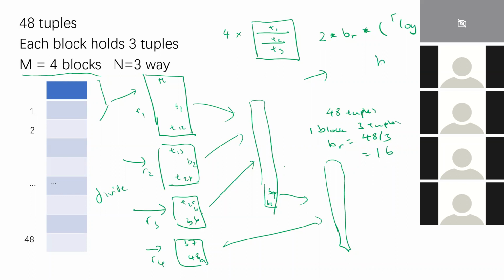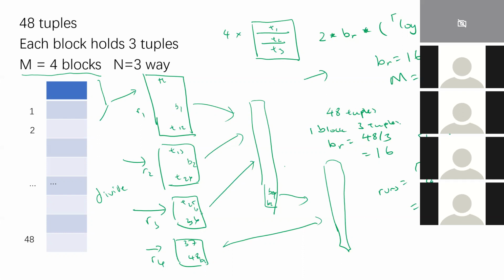So BR equals 16, M equals 4. The number of runs equals the ceiling of 16 divided by 4, which is BR divided by M, so 16 divided by 4 equals 4.